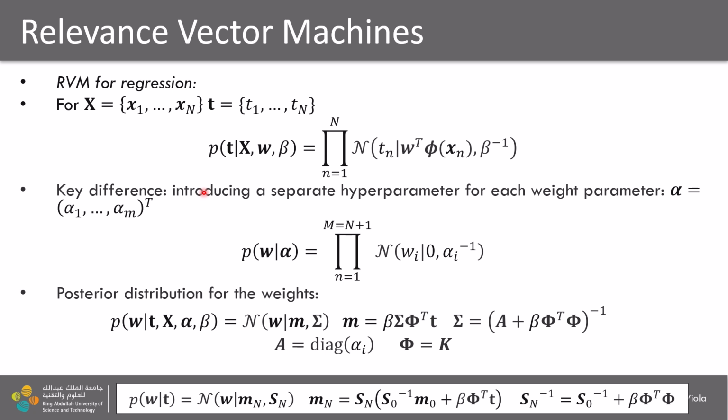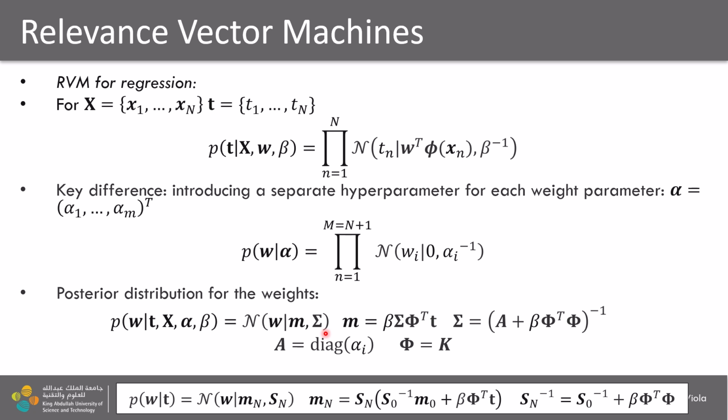And we know that out of this, we can formulate our posterior by simply knowing how the posterior is built from our previous discussion in the linear models section, where the posterior, which is the weights given the training set t and x, and the hyperparameters, now alpha is a vector and beta is the noise precision, a single scalar value from the likelihood, is a normal distribution with a certain mean m and with a certain covariance matrix epsilon.